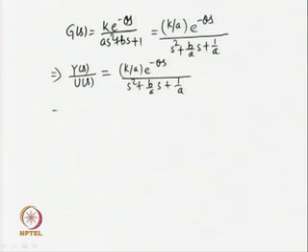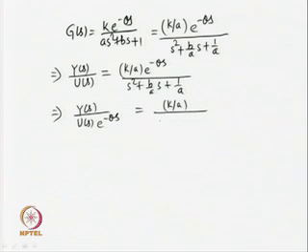Now, again this can be written further in the form of y(s) upon u(s) e to the power minus theta s is equal to k divided by a times s square plus b by a s plus 1 by a. Now, already we have introduced lambda 1 and lambda 2.